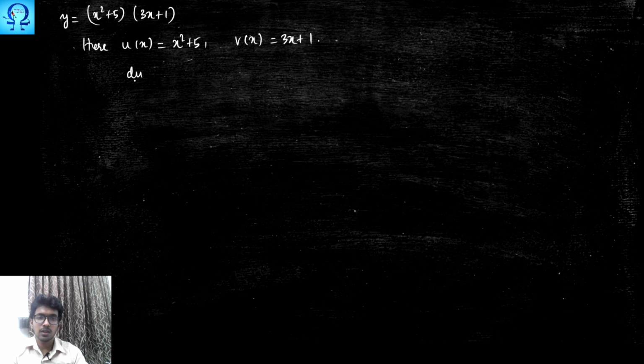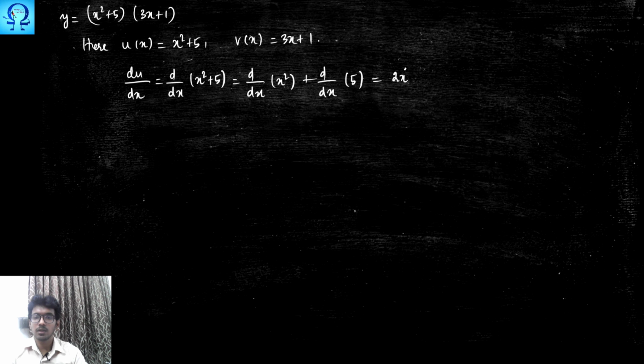Now let us find du upon dx, that is d upon dx of x square plus 5, which may be written as d upon dx of x square plus d upon dx of 5. So this is 2x power 2 minus 1 and this is 0. So you see that this is 2x.